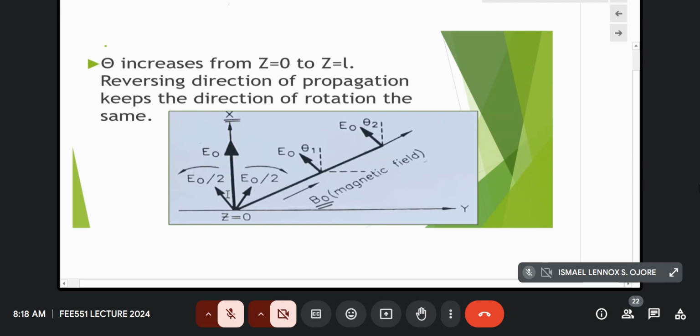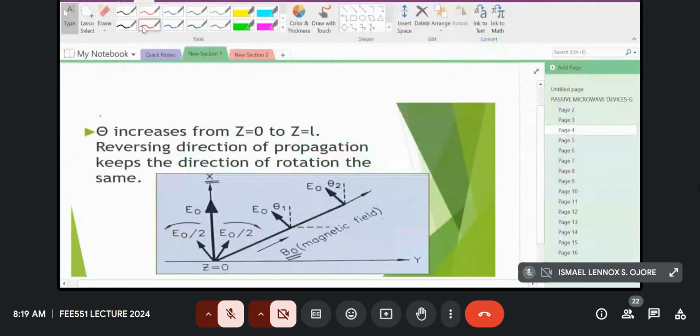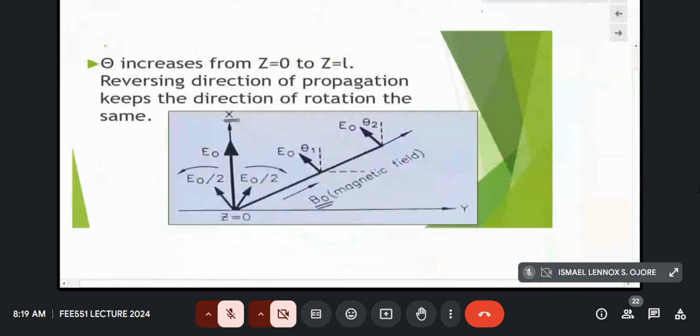And then you have the direction of wave propagation in the z direction, and you also apply a magnetic field, B0, parallel to the direction of that wave. Suppose the gyrator starts from here and goes all the way.